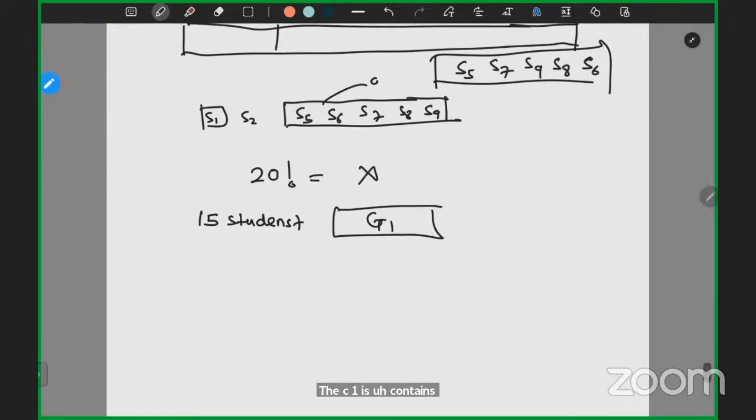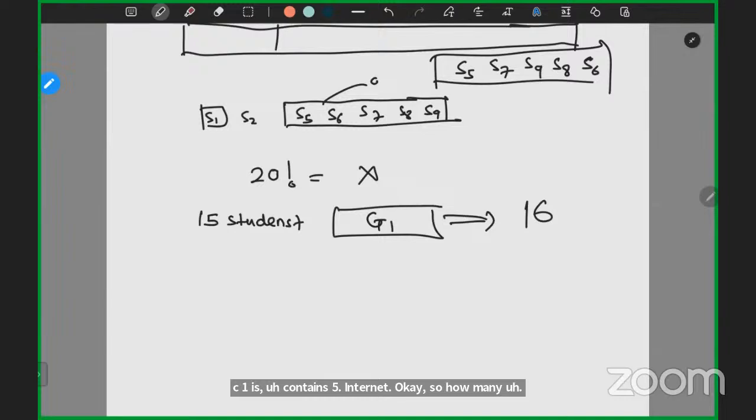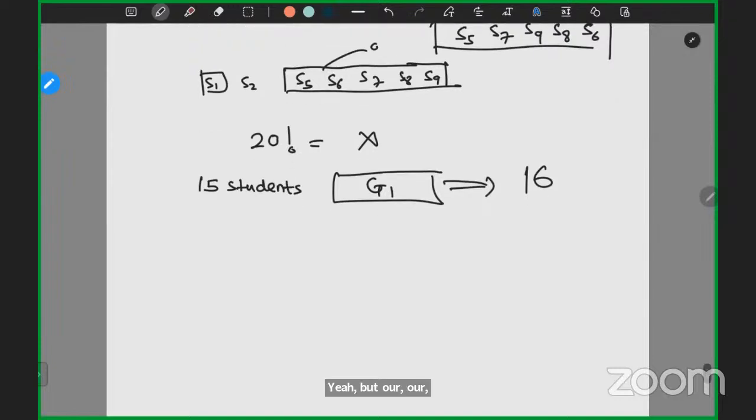And you can also say the remaining ones are another group, right? But our filter is S5 to S9. You can't say the others are a group, because this is breakable.